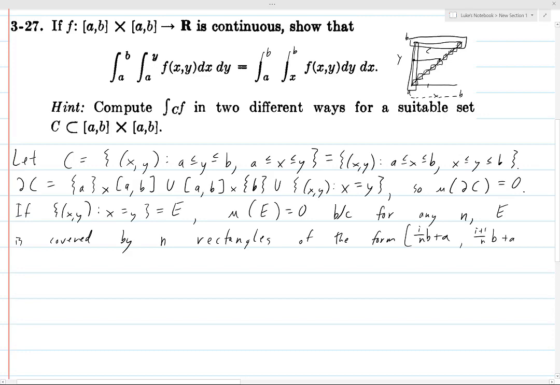Right? Yeah, when we plug in i equals 0, we go from a to a plus b over n. Oh, no. This needs to be b minus a.